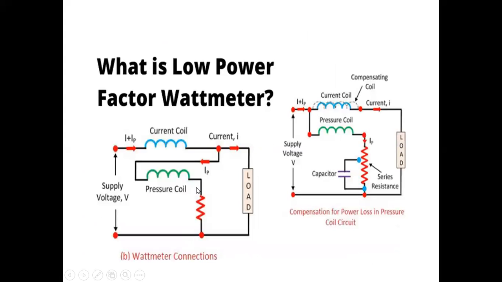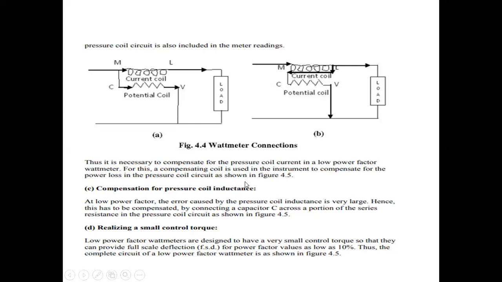This is the diagram. This is a series resistor, and the capacitor is connected across the pressure coil resistance.